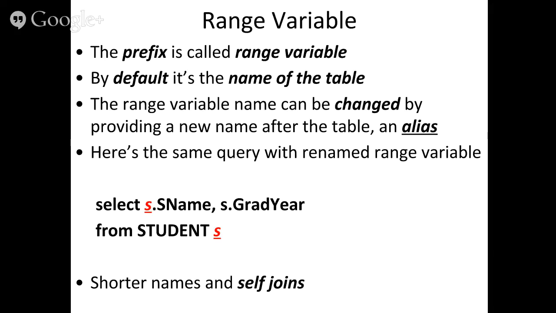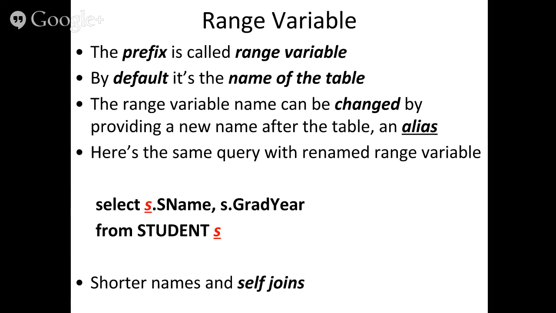Not only because they're shorter, right? But what if you have a table that not only is related to other tables, but is related to itself? Would you have fields that reference records in the same table? If you're trying to join them, you want to be able to mention that table twice.